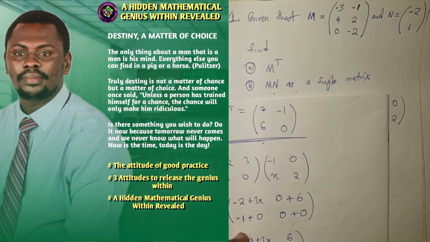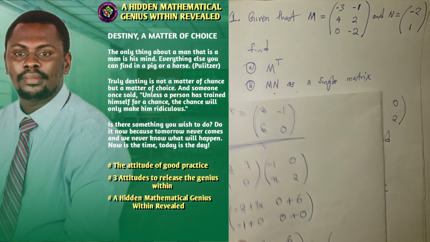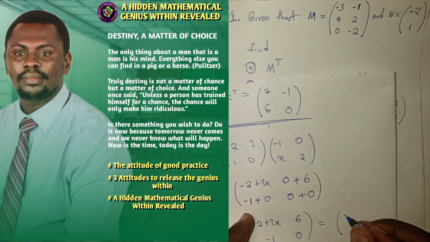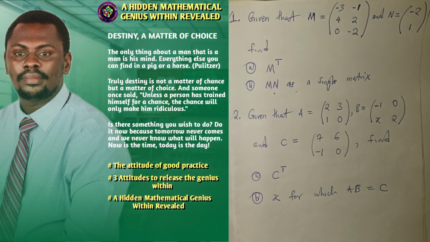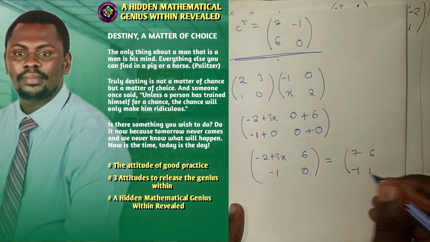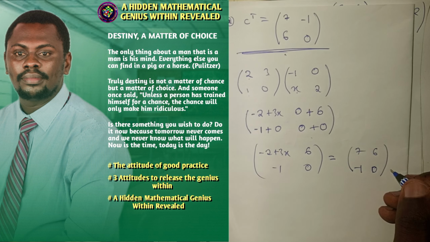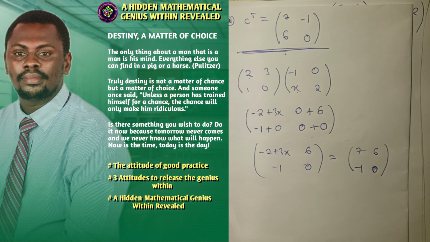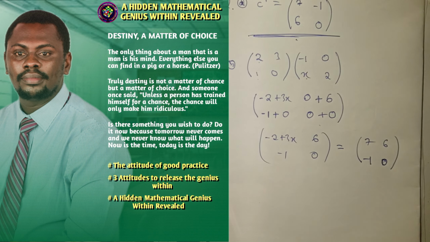So we'll say this is equal to, in C, our first row there is 7 and 6, and second row there is -1, 0. If you have two matrices and you are told that they are equal, it means that even their corresponding numbers must be equal.